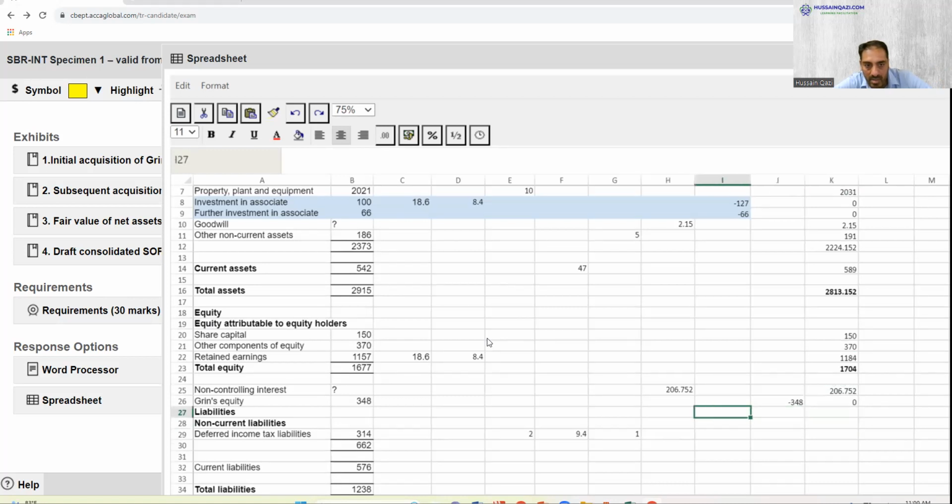Okay. Deferred tax: copy, paste. Deferred tax liability. And the current liabilities.